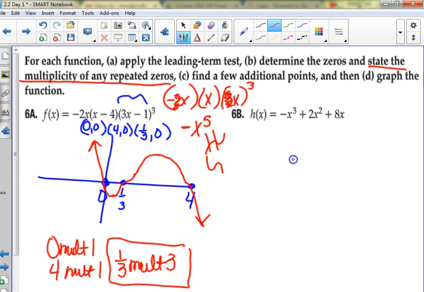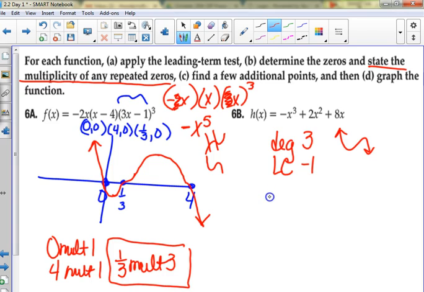Uh-oh, this one is easier in some ways, yes? The degree and leading coefficient are easier to find. What degree is it? Degree 3, leading coefficient -1, so it should be the same shape as the last one, right? Okay, but what do we need to do now to find the actual zeros?